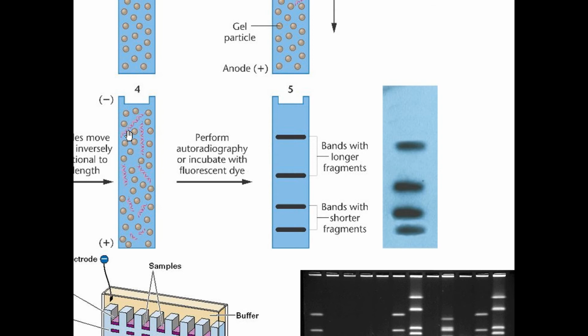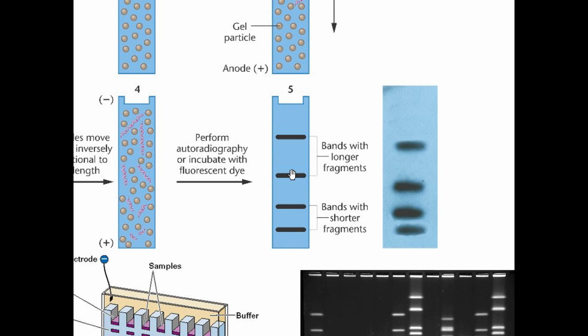Those will give off a radioactive signal which can be detected with a camera that is sensitive to that. That's called radiography. They can also be incubated with a fluorescent dye which makes them glow a certain color. So these bands are basically groups of molecules that had similar molecular weight, similar length.